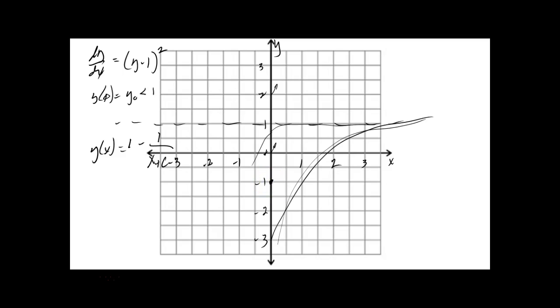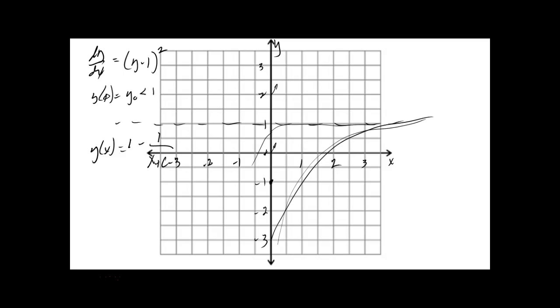Okay? Then we have a new problem here. If y of 0 was equal to 2, which is greater than 1, then we would be somewhere up there. Your whole problem shifts.